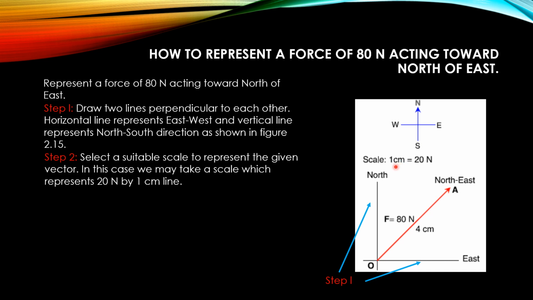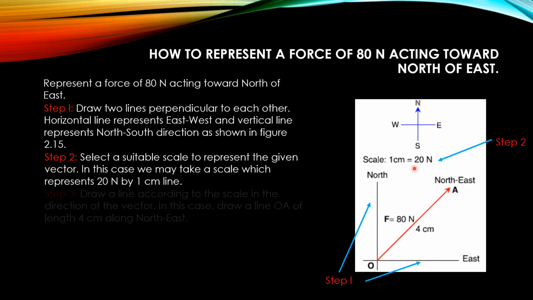So I found it suitable to take 1 centimeter to be equal to 20 Newton. You can also take 1 centimeter to be 10 Newton, but in that case the length of the line may vary. You can see in the figure, this is step number 2.